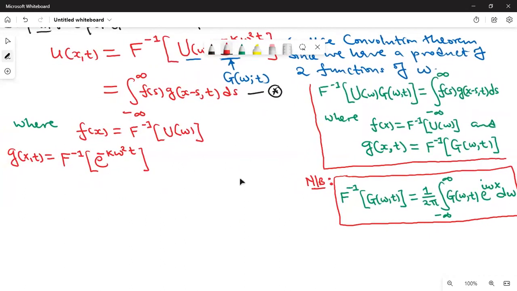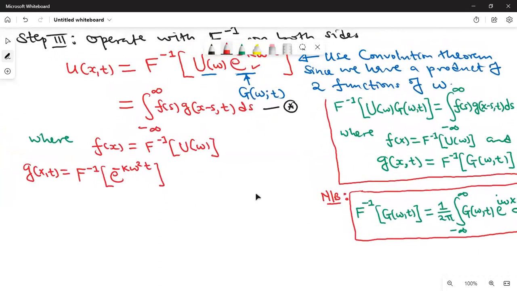So I've talked of the convolution theorem. We have also talked of how to find the inverse Fourier transform. So how will this look? It is now equal to 1 over 2 pi, the integral from negative infinity to positive infinity of exponential negative k omega squared t times exponential i omega x d omega.